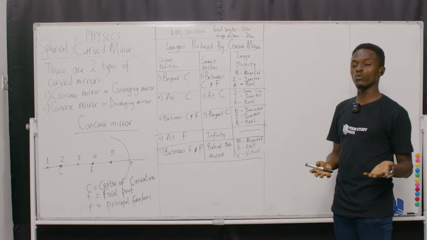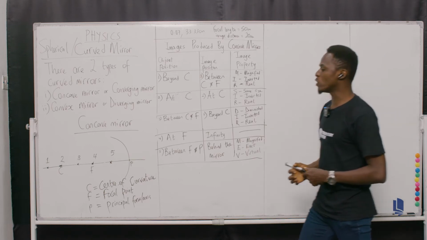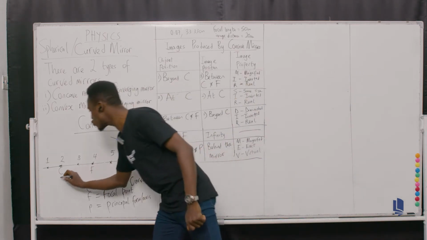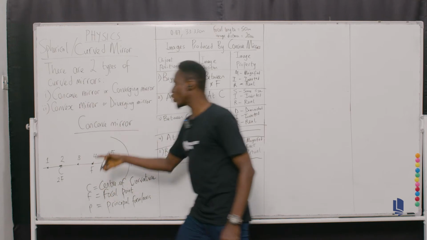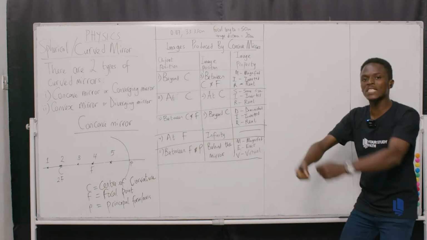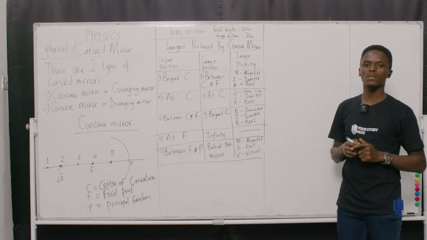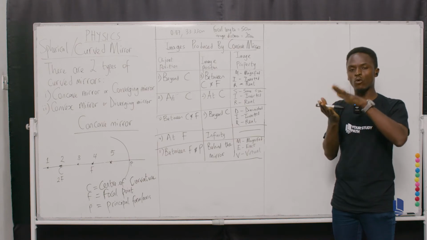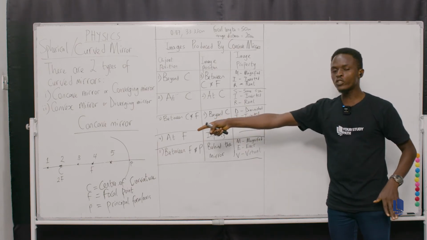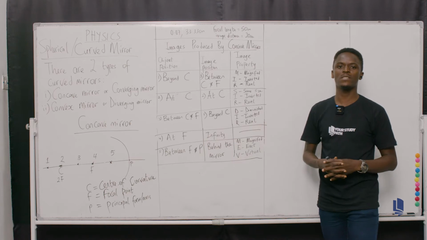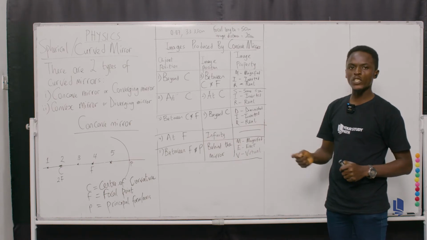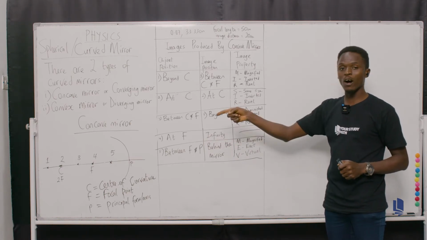The worst that would happen, the center of curvature, instead of giving you alphabet C, they will give you 2F. Because we know that the center of curvature is 2 times the focal point. So what you have inside your textbook, new school physics, and what you have here, they are not different. Center of curvature is twice the focal point.